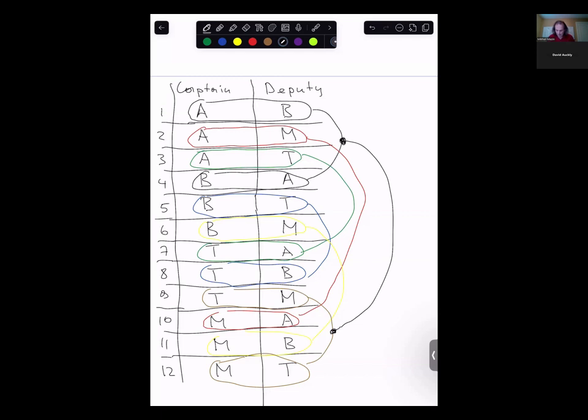And then this one, so this is Anne and Marie in the first team. Then in the second team, it's going to be what? Okay, let me put kind of, it's going to be Bob and Marie. No, I was wrong.